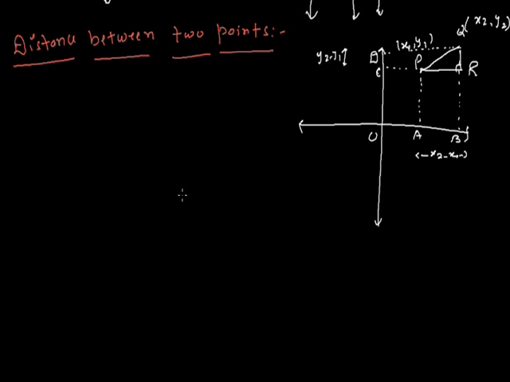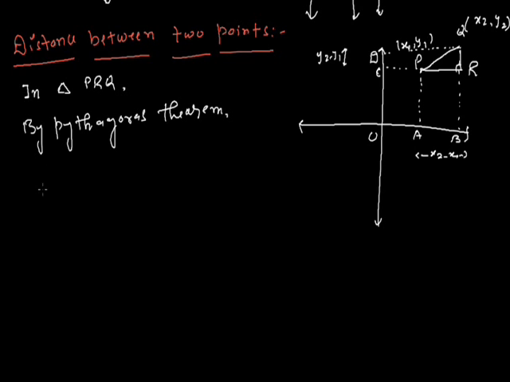By the Pythagoras theorem in triangle PRQ, we get PQ square equal to PR square plus QR square.